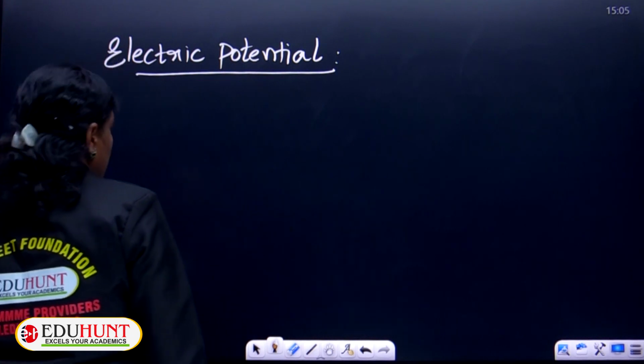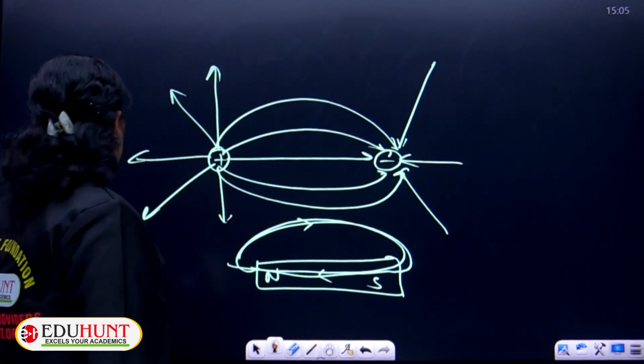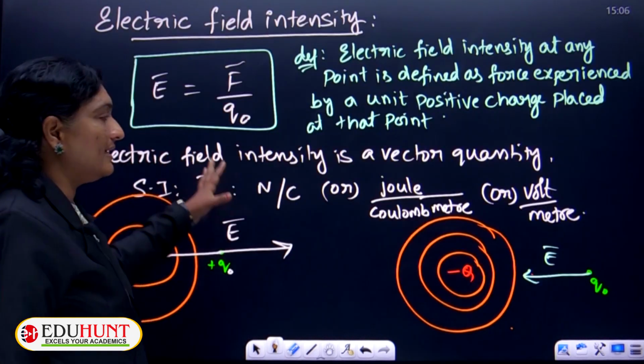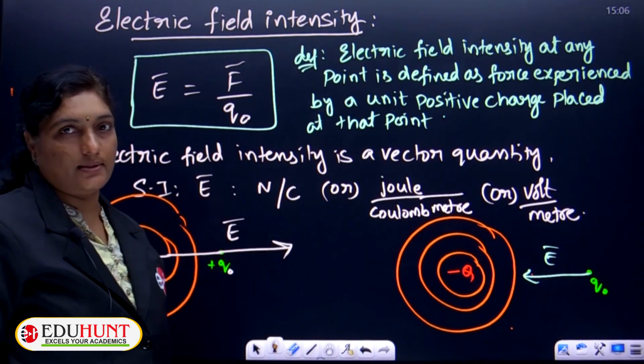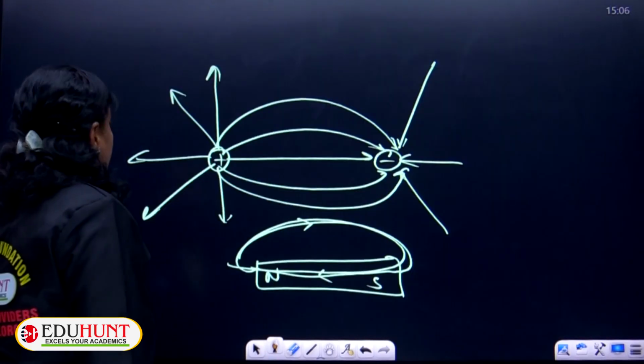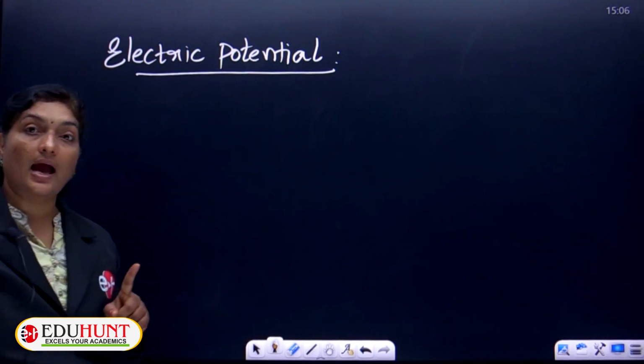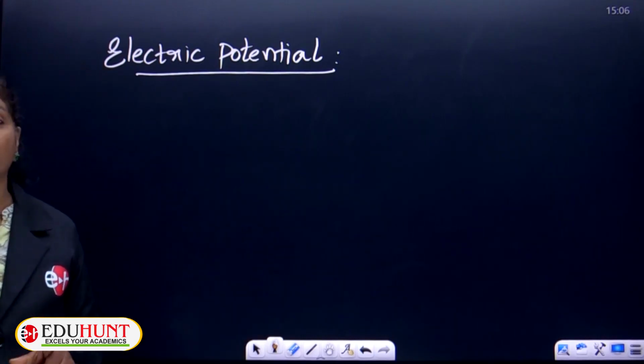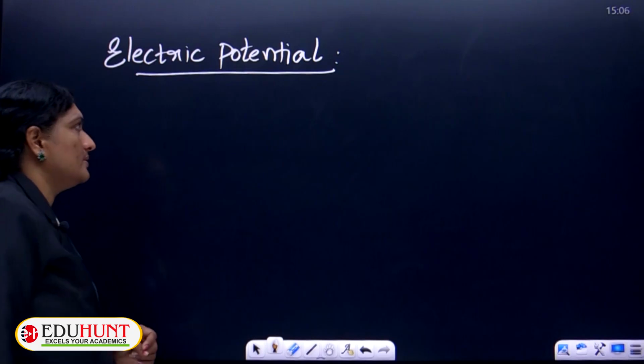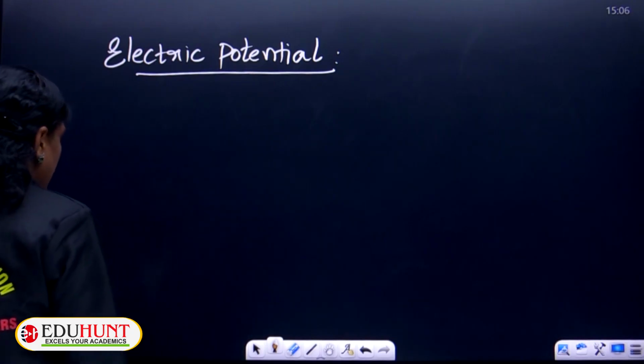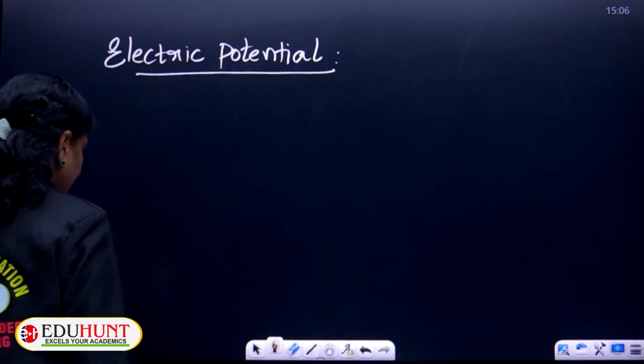Remember, just now we have studied that electric field intensity is a vector quantity, whereas electric potential is a scalar quantity. Electric potential is a scalar quantity. So, let us discuss this electric potential in detail.